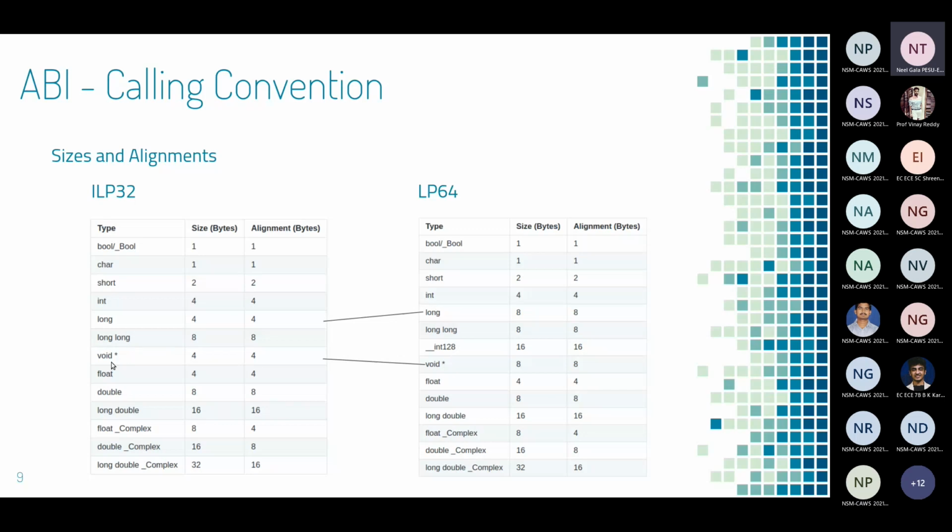And then a void star, essentially a pointer, is 4 bytes in ILP32 and 8 bytes in LP64, because your addresses are 32 bits in ILP32, but in LP64 they go up to 64 bits, that is 8 bytes. All the other variable sizes remain the same across both ABIs.